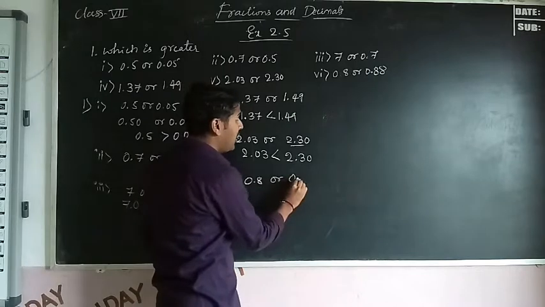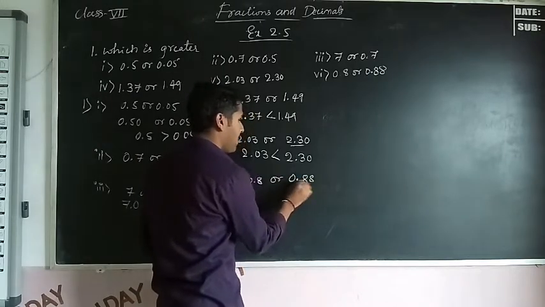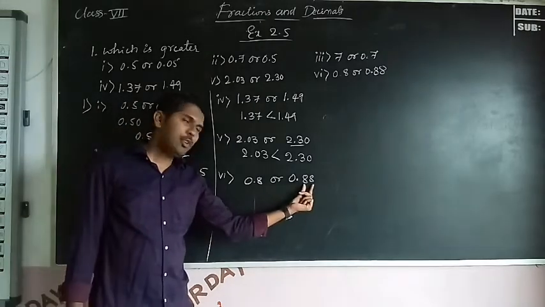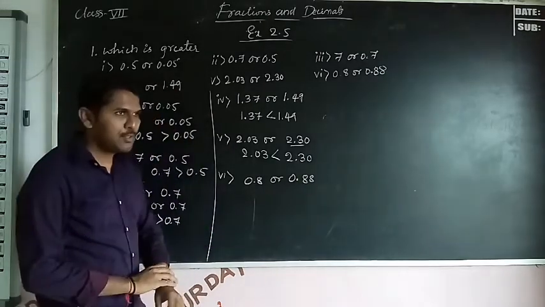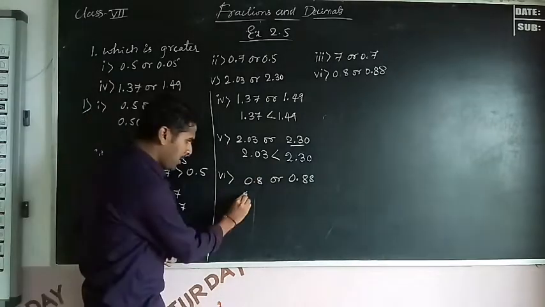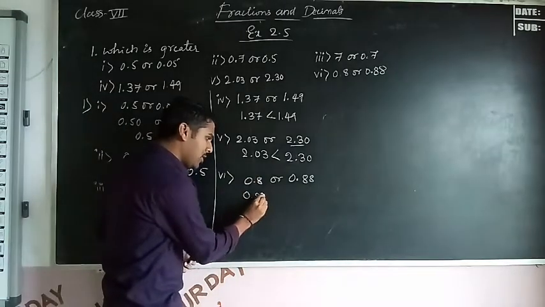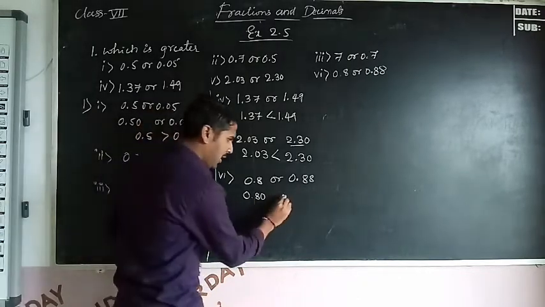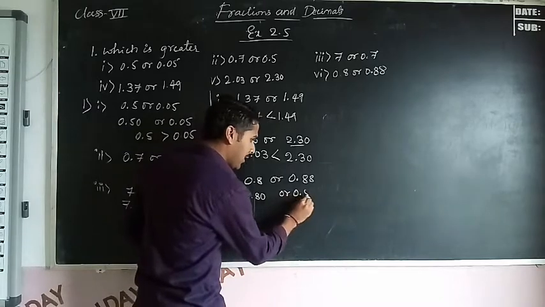Okay, so next, last one, sixth one: 0.8 or 0.88. These are unlike decimals, no? Because here one digit is there, here two digits are there in the decimal part. So first add a 0 so that you can compare now. Why have I taken it? Because we want two digits to compare. So here two digits are there.